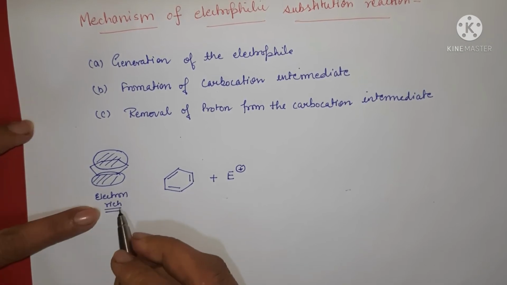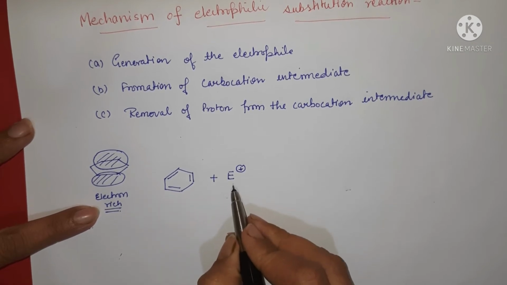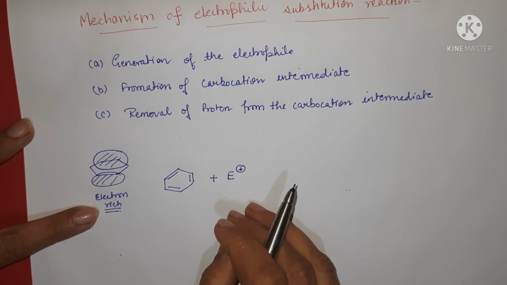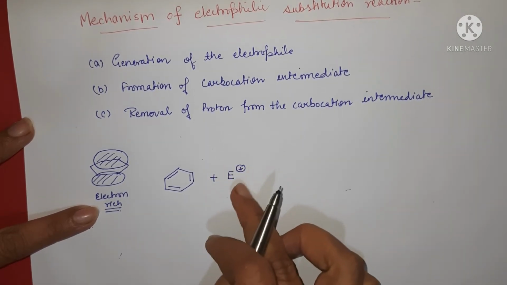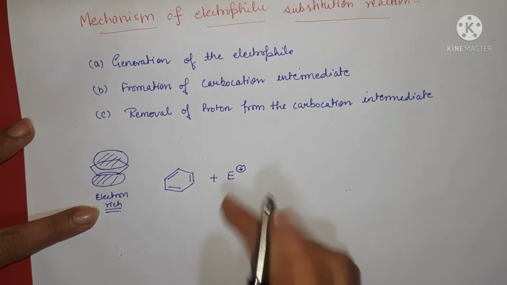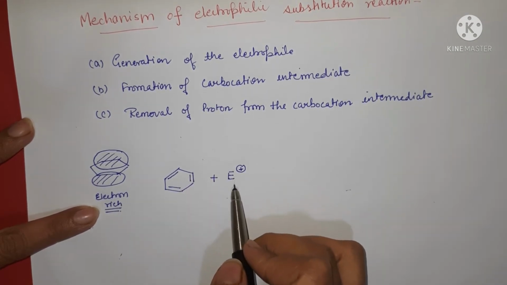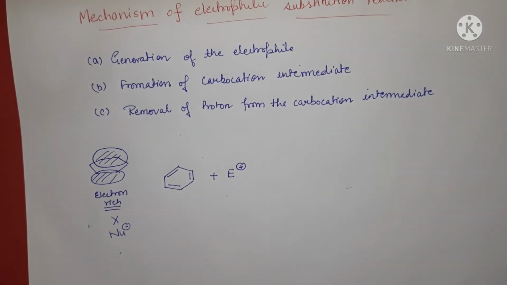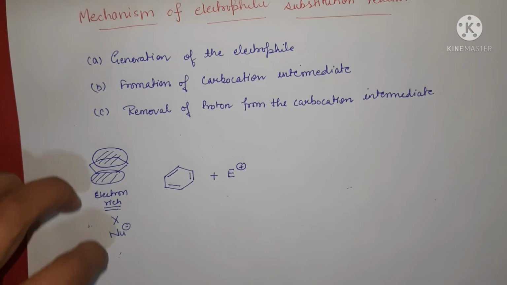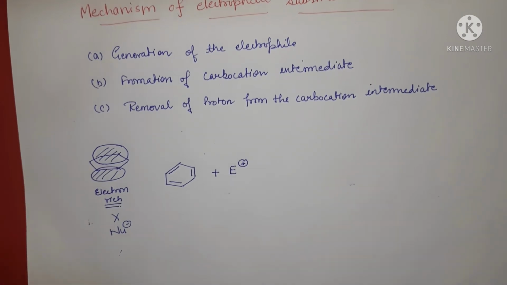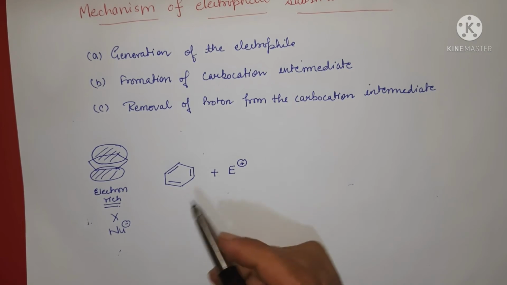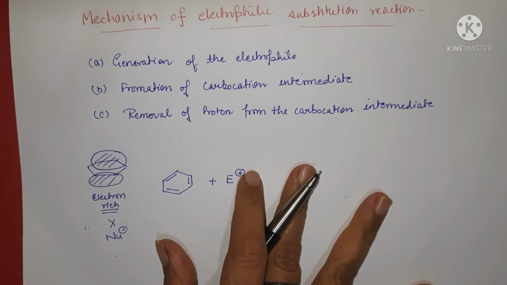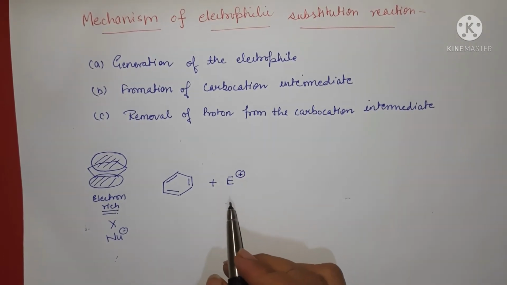So this always reacts with the electrophile, which has less electron density, or you can say which is in search of electrons. It does not react with nucleophile, because nucleophile has more electron density. The benzene having more electron density, that's why it does not react with nucleophile, but it easily reacts with electrophile.